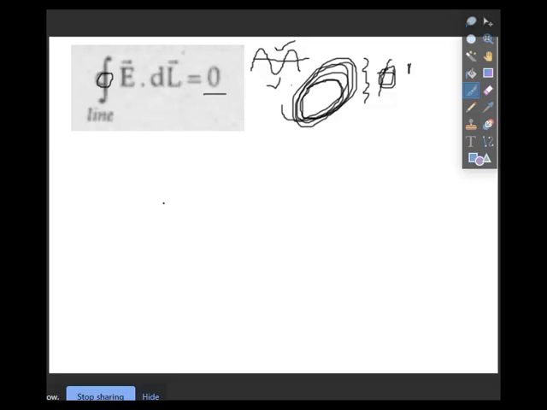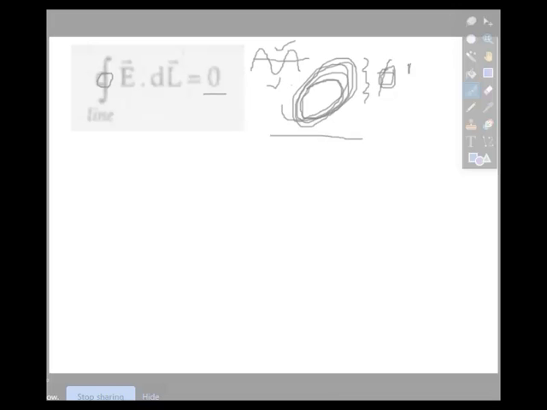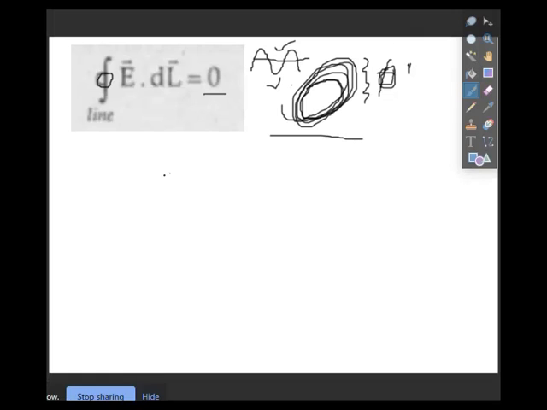You have already studied Faraday's law from 12th, I think. Faraday's law shows that if you change the flux, it will produce EMF. In mathematical form, it is like this. This expression shows Faraday's law of induction: the rate of change of flux gives you V, the induced voltage or EMF.